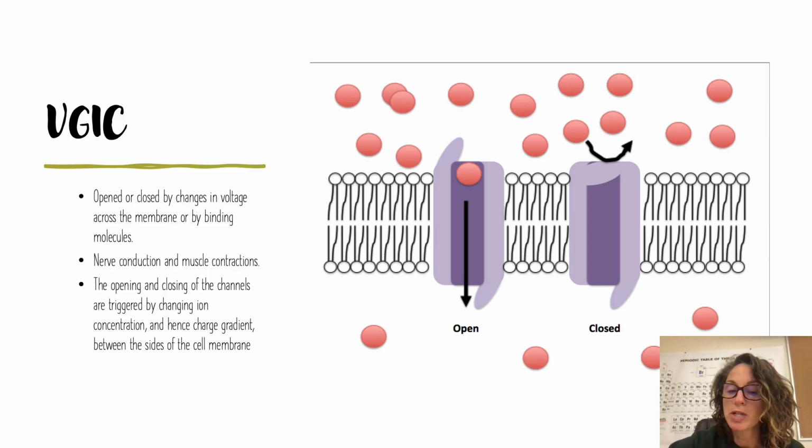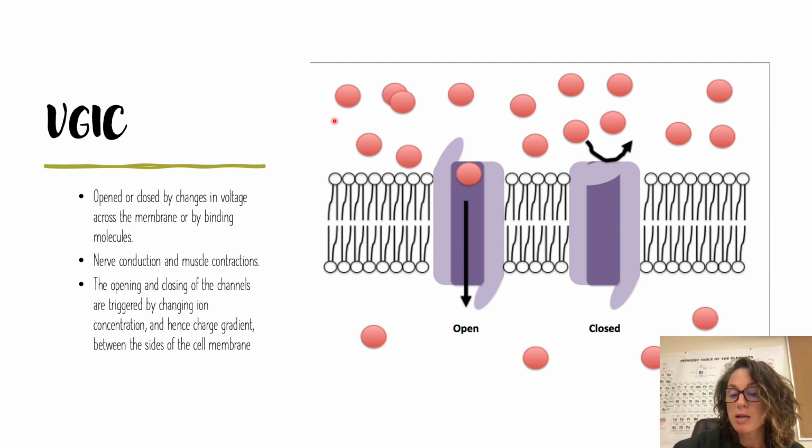So again, just a close-up on the voltage-gated ion channels, because so many are of this type in our cells. They're going to open or close depending on the voltage across the membrane. If we have positively charged, or if there isn't much of a change, then they might open or they might be closed.